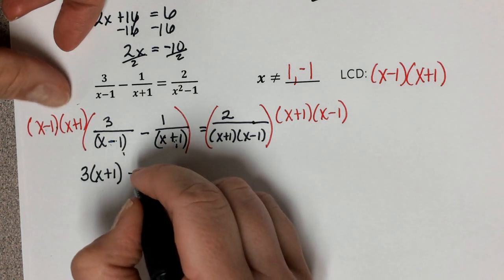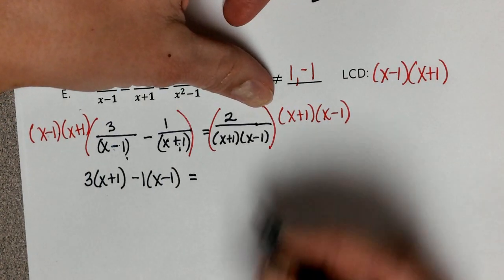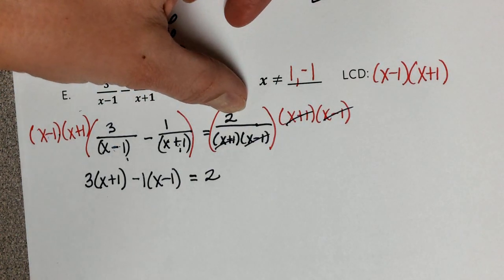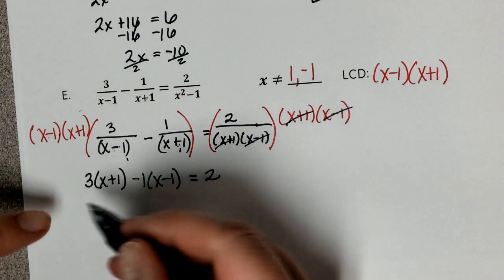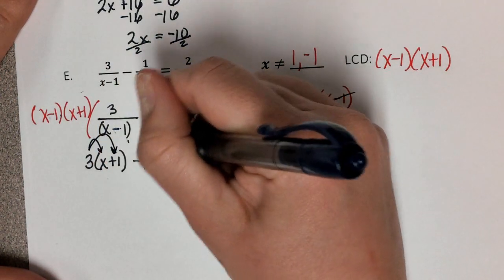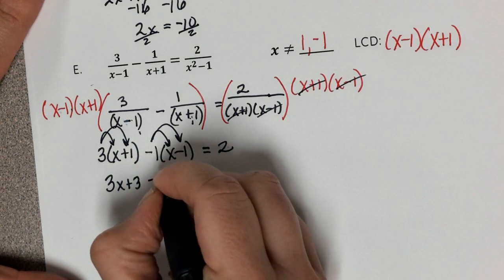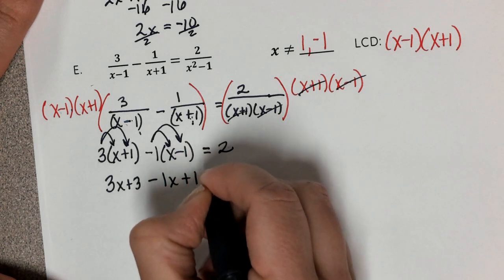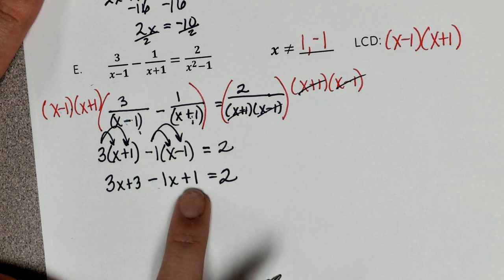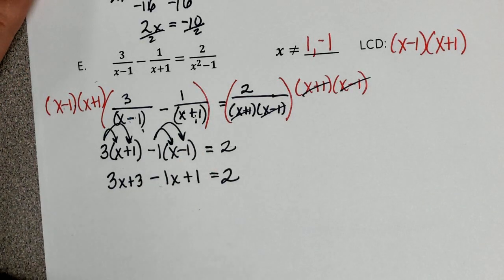So it's just minus 1 times x minus 1 equals, and then on this side, the whole thing cancels out because it's just one fraction. So we just have 2. Now, simplify each side of the equal sign. So distribute the 3, distribute the negative 1. Got to be careful on this one that when I distribute the negative 1, I have negative 1 times negative 1, which is a positive 1.